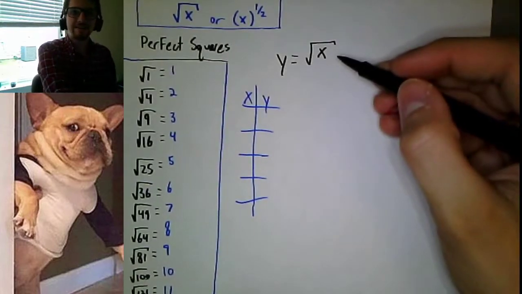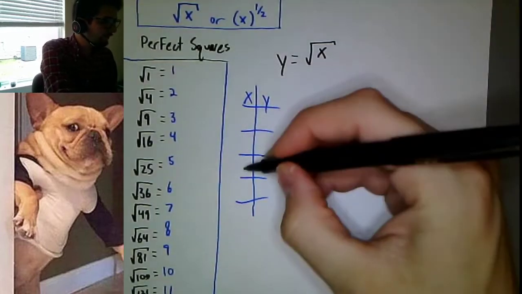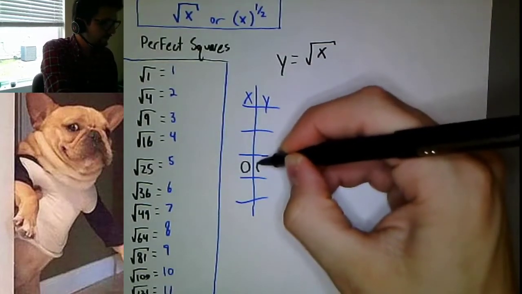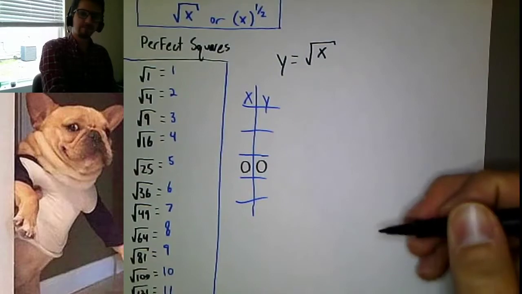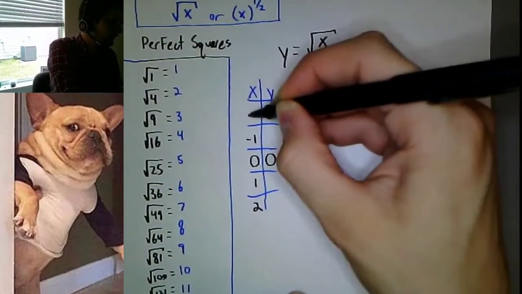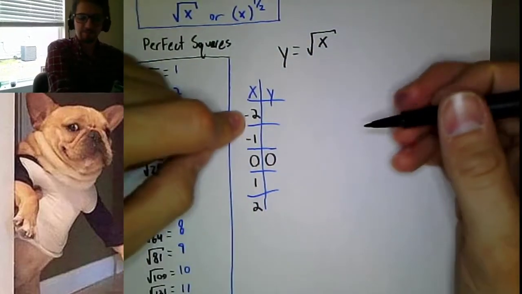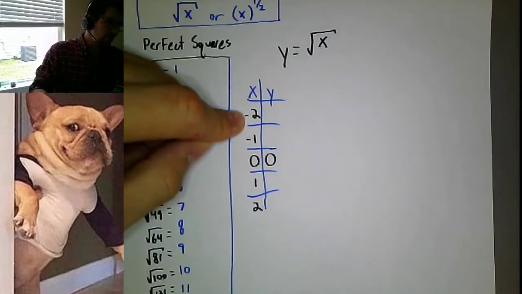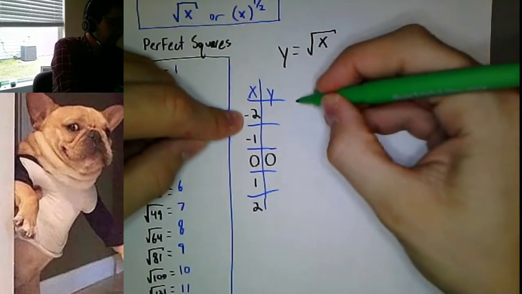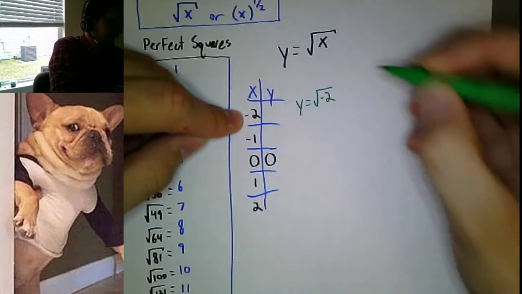So where's our vertex? Do you have an h? No. Do you have a k? No. Great. So let's go up 2 and down 2. And let's start with -2. If I plug in my -2, y equals the square root of -2.